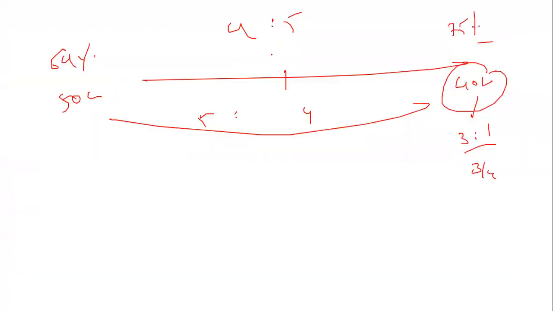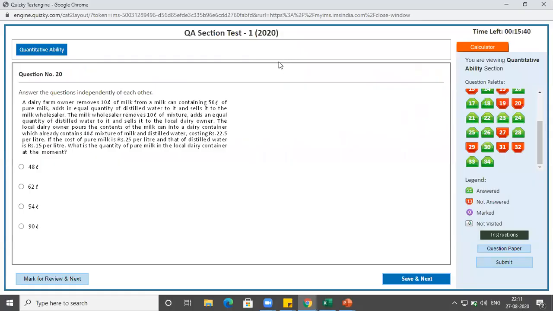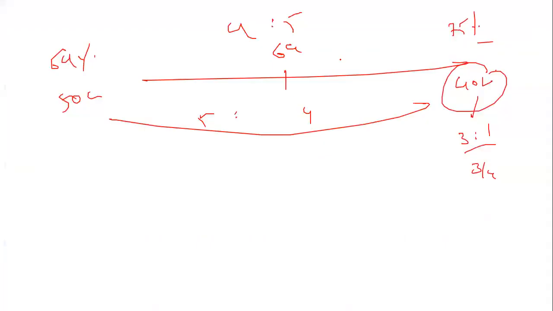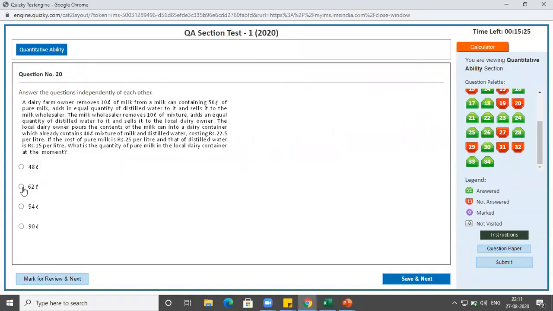So this is going to be 68 point something, say around 69. Okay, what is the quantity of pure milk in the, okay, 69 liters, I mean, of 90 liters, right? So I'll reduce 1, 63 point something, closest is 62.